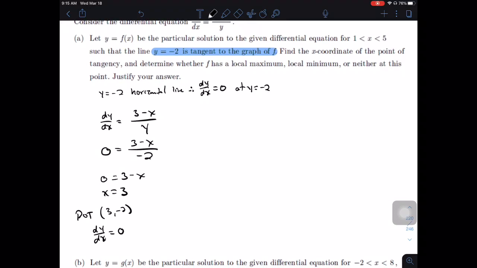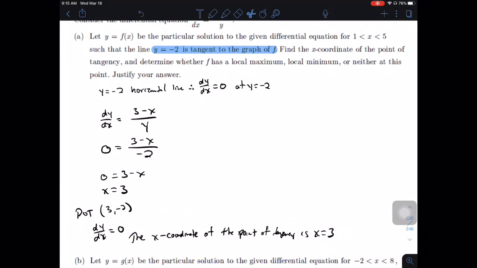I should probably write that out formally. The x-coordinate of the point of tangency is x equals 3. That answers one question.